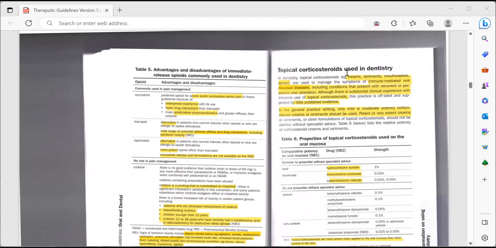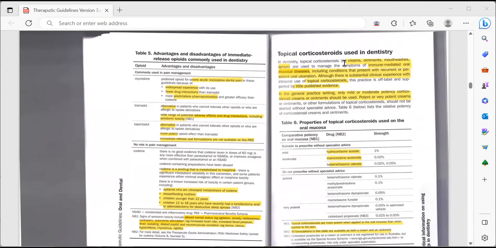Okay, then topical corticosteroids used in dentistry. In dentistry, topical corticosteroids, for example, creams, ointments, mouthwashes, sprays. So in topical form, they are available in these ways.